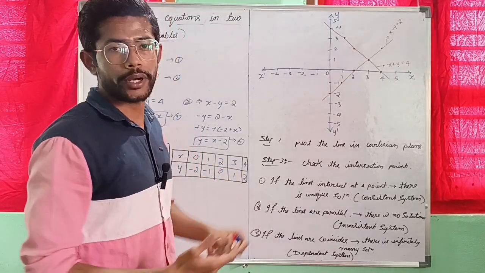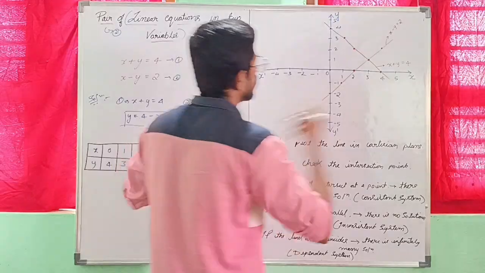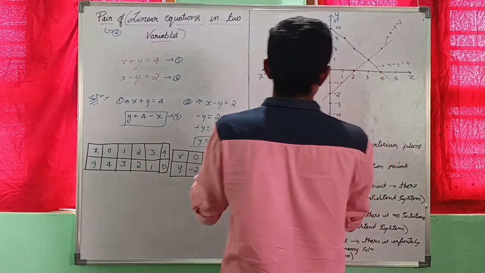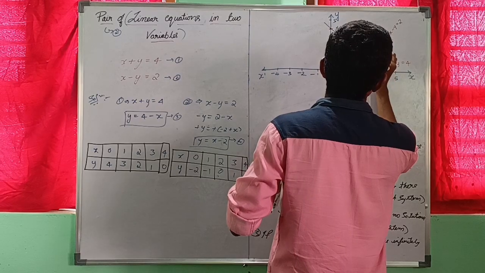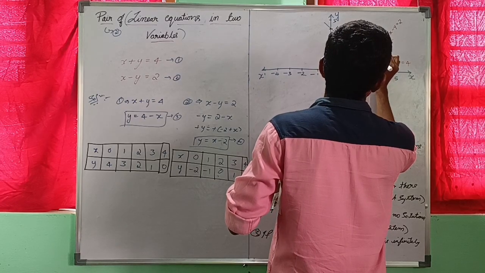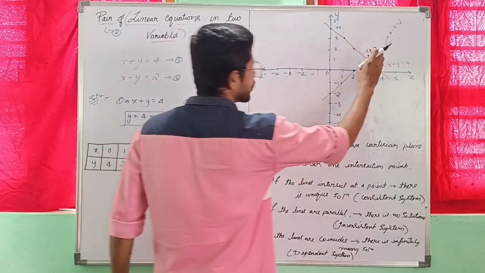At what point do we get the intersection here? This is the solution, at (3, 1). At (3, 1), we get the intersection point.